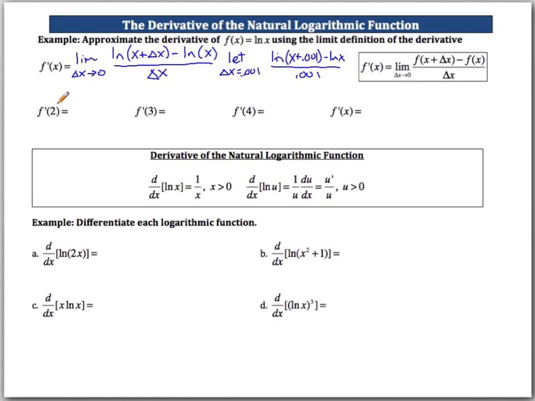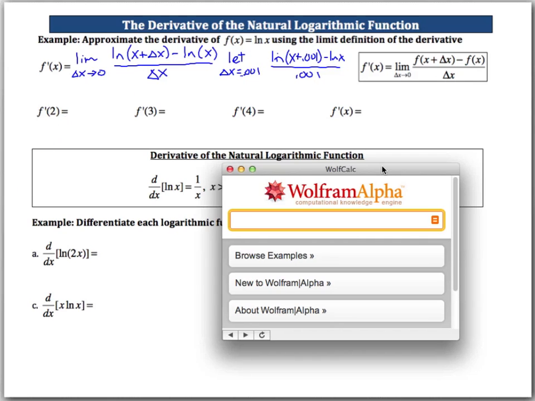And so all we need to do is substitute 2 in for x into this equation, and that's going to give us an approximation. I'm going to use Wolfram Alpha to calculate this. So we're going to want parentheses around the numerator here. So we'll open that up. And now we have the natural log of x plus 0.001. So that's 2 plus 0.001 minus the natural log of x, which is just 2.